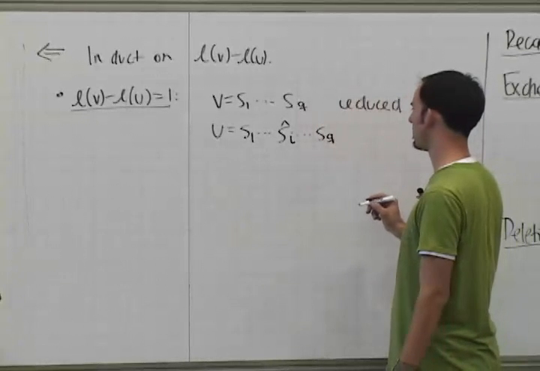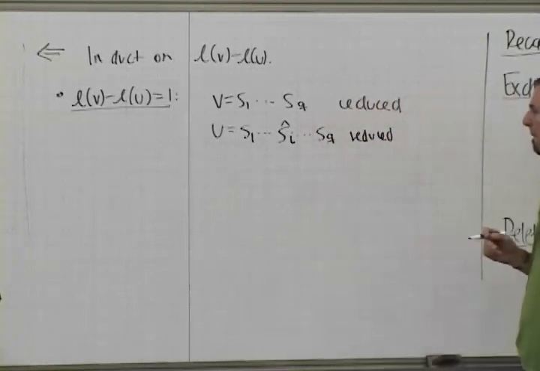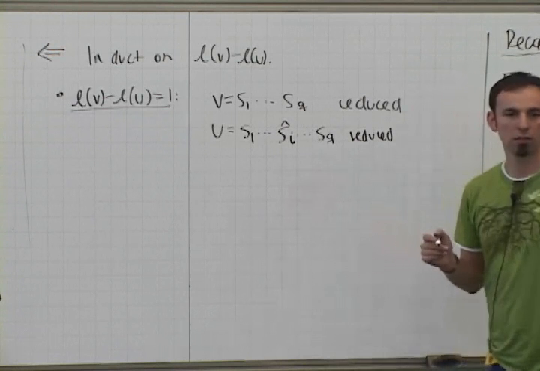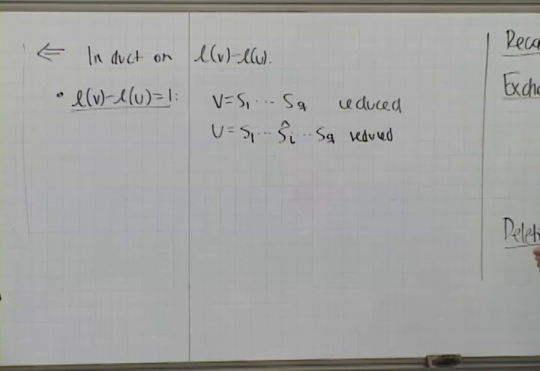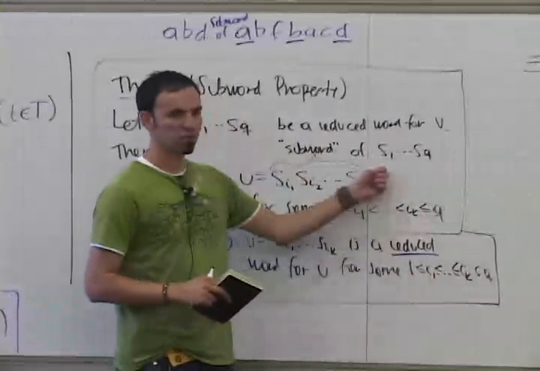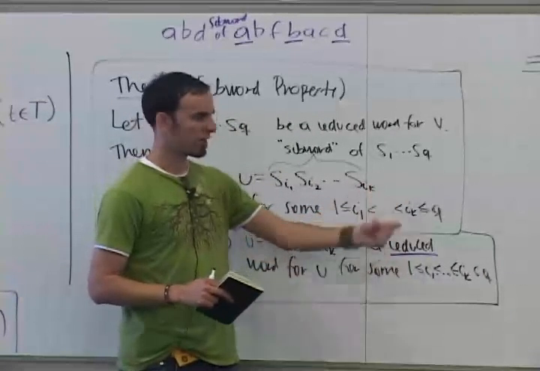And this must be reduced. And now because of what I said here, whenever I want, I can assume that these words are reduced, because it's equivalent that I have a subword or that I have a reduced subword.